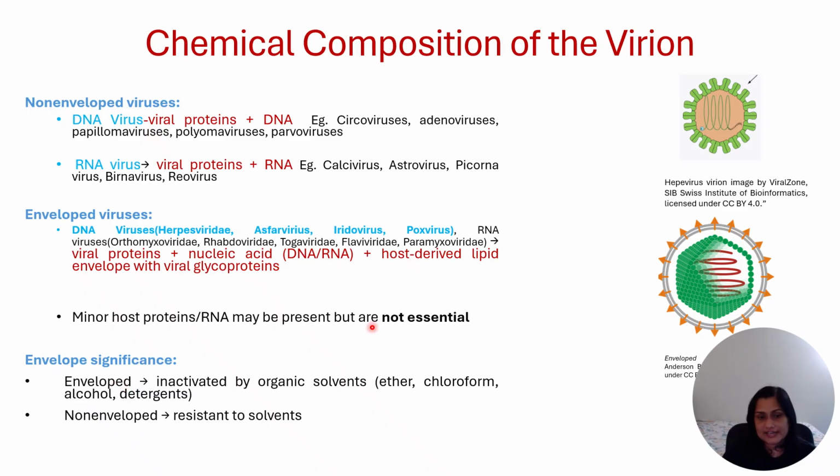Enveloped viruses can be easily inactivated by organic solvents, while non-enveloped viruses are much more resistant to these solvents, which makes them more stable in the environment. So in short, the presence or absence of an envelope not only defines the viral structure but also affects the virus stability and resistance to disinfectants.